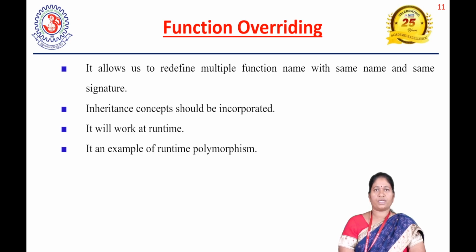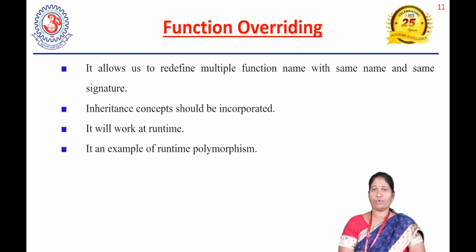How is function overriding invoked, whether at compile time or runtime? Obviously, function overriding will work out only at runtime, not in a compile time process. This is also used in the polymorphism concept, but we say it is runtime polymorphism.